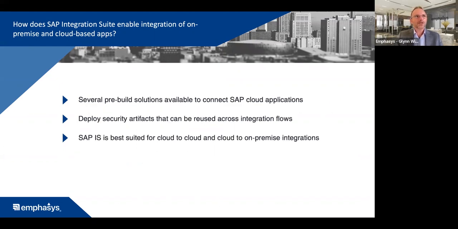Prasanna, is there anything that you wish to add here? Yeah, so using the pre-built content that we spoke about, we can connect to various available systems, available integrations, and then we can deploy all these security artifacts in the integration flow.